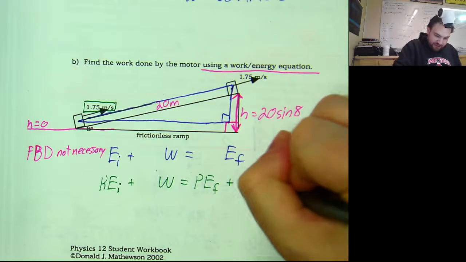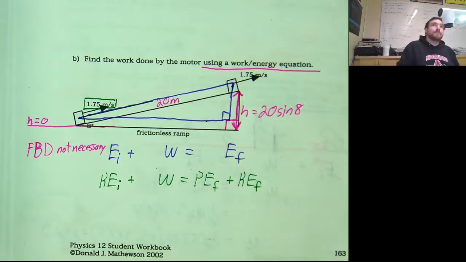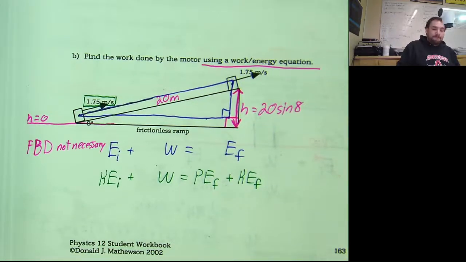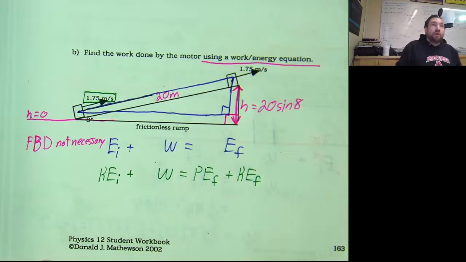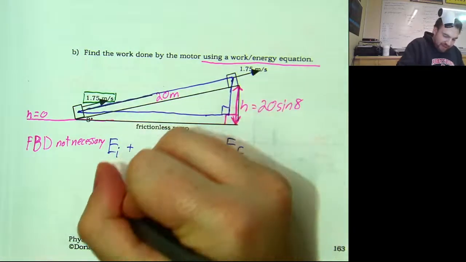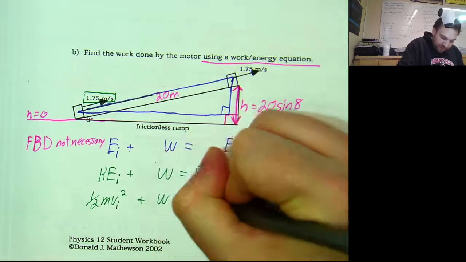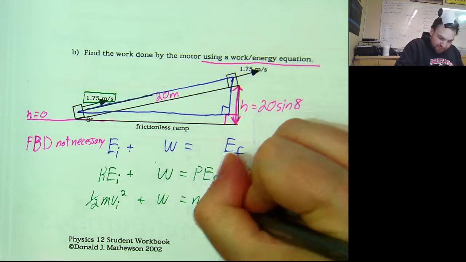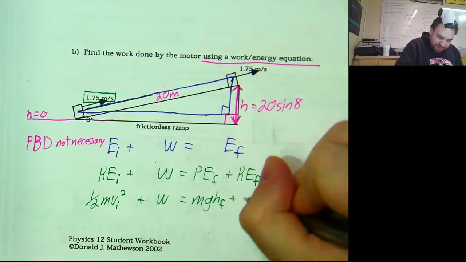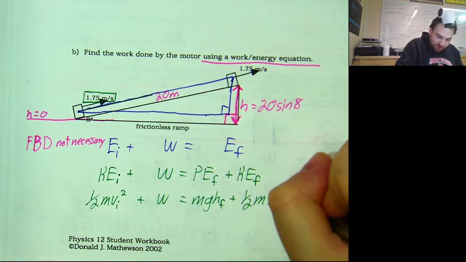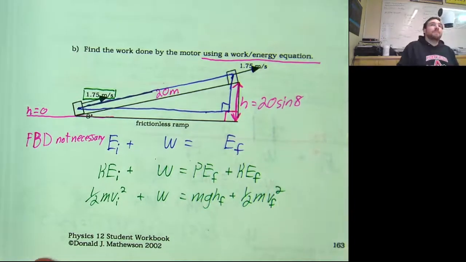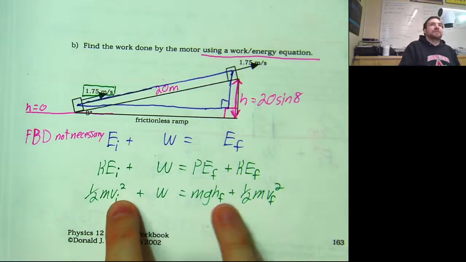So kinetic energy at the end. Okay, so I can put my expressions in here now. Kinetic energy initial is half m v initial squared plus work equals m g h final plus half m v final squared. Subscripts are important, include them.